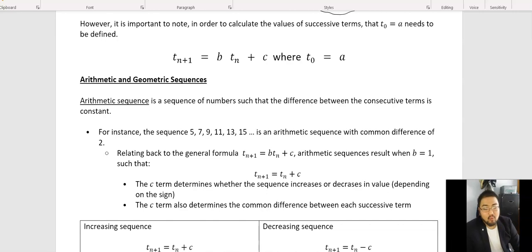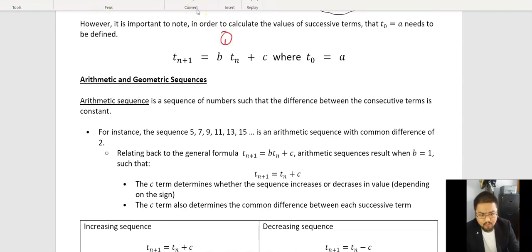So whenever you're asked to find the recurrence relation, it's important that you understand there are always two parts to this: the rule and the starting point. It's always important that you define these two. That's generally the way you can work out what the starting value is if you have the term T0. T0 means the initial value.